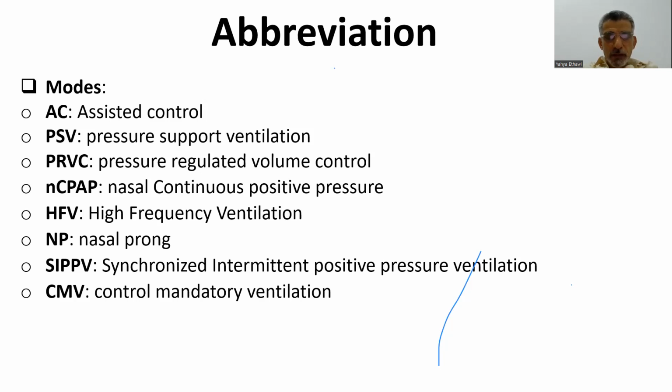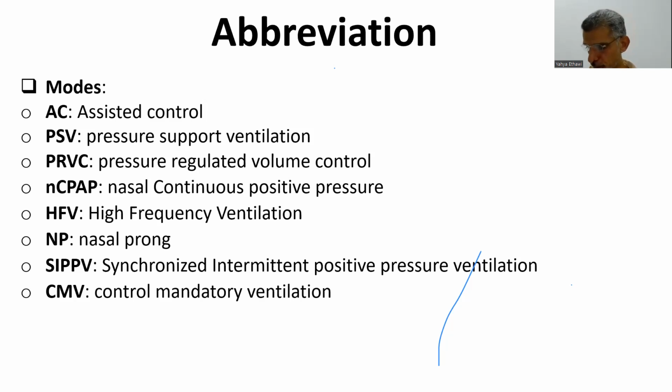The mode of ventilation is either conventional. Conventional means the rate that we give is the same that a human being can tolerate. So the rate of a human being is, when you're very young, up to 60, and when you are an adolescent, it reaches down to 12.